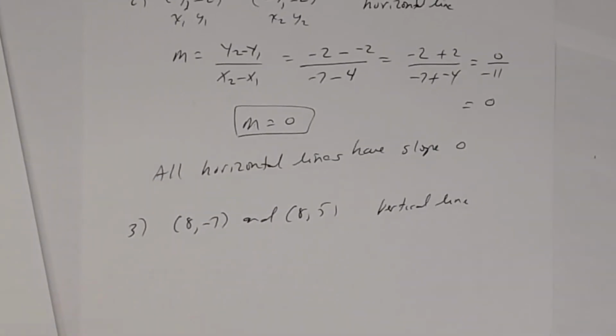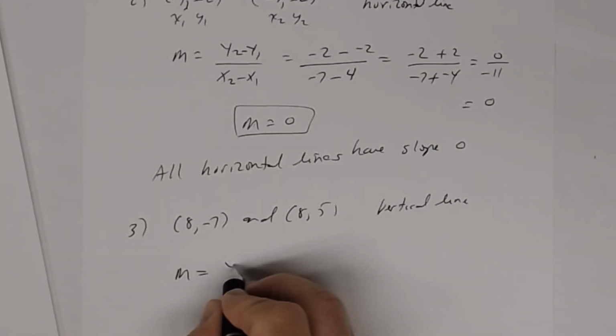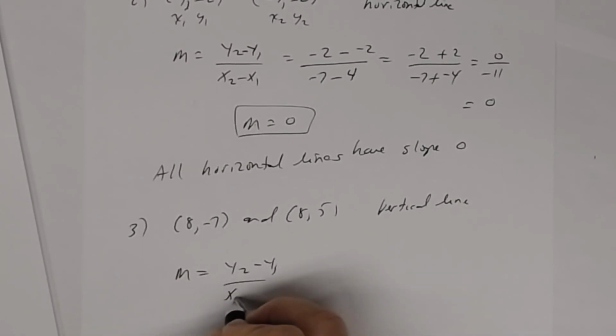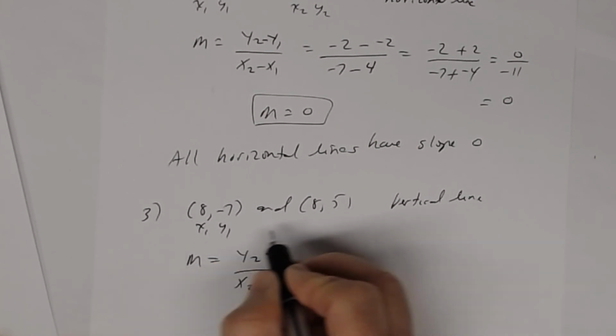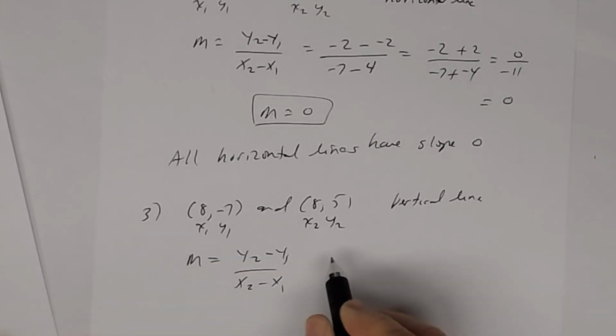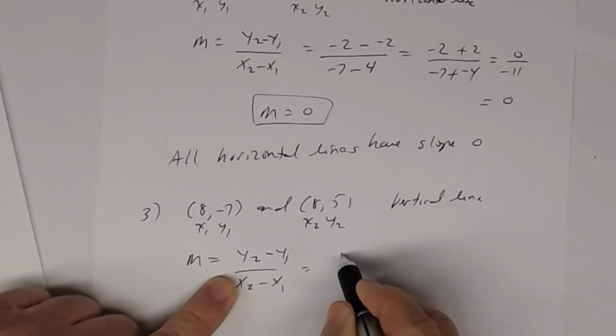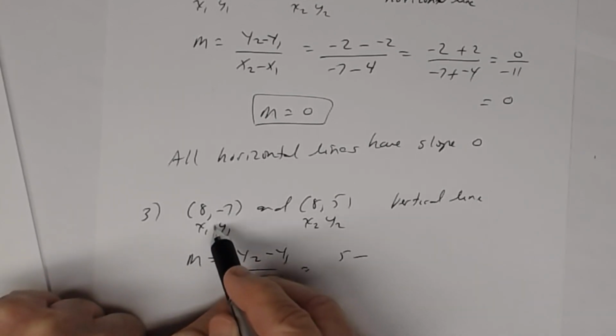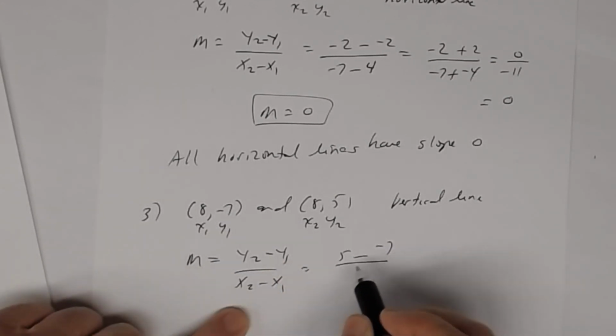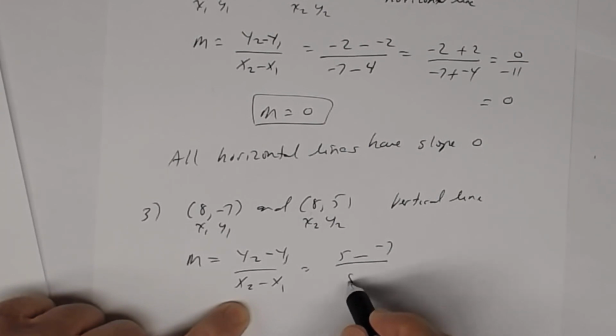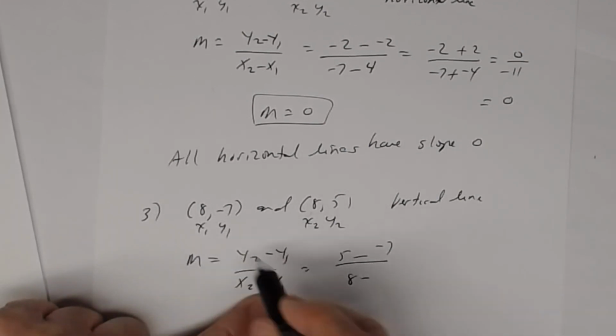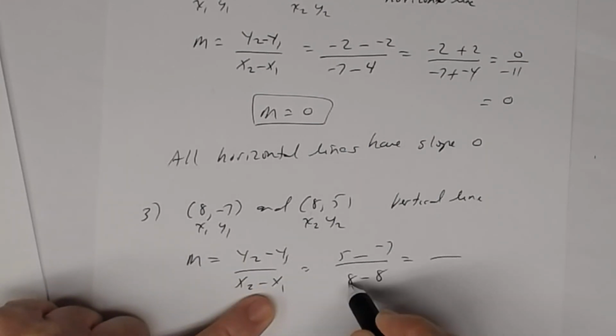Now, if you're asked to work it out, which you probably will, let's do the slope formula. Slope is y2 minus y1 over x2 minus x1. So this is x1, this is y1, this is x2, y2. So y2 is 5, subtract y1, which is a negative 7, divided by x2, which is 8, subtract x1, which is also 8. So 8 minus 8 is 0, and that's why you have 0 in the denominator.